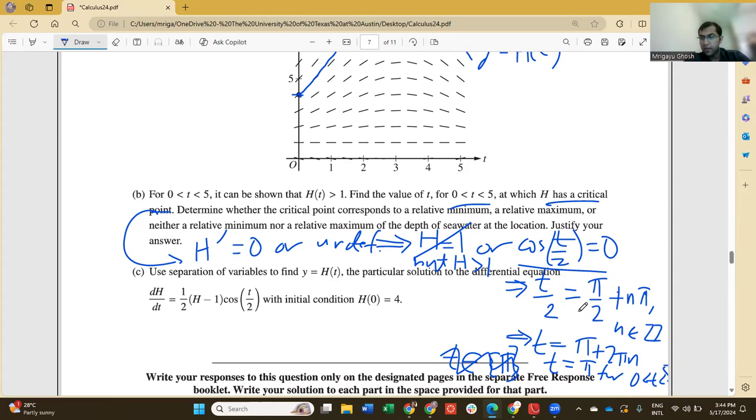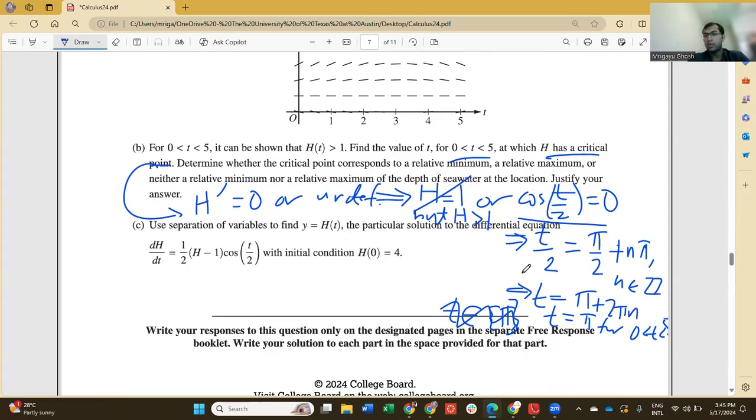Let me just make sure I've done that math properly. t over 2 has to be pi over 2 plus any integer multiple of pi for cosine to be 0. That's right. So t equals pi plus 2 pi n. Yeah, that seems correct to me. 3 pi is too big, as we said, and pi minus 2 pi would be negative pi, which is below 0.